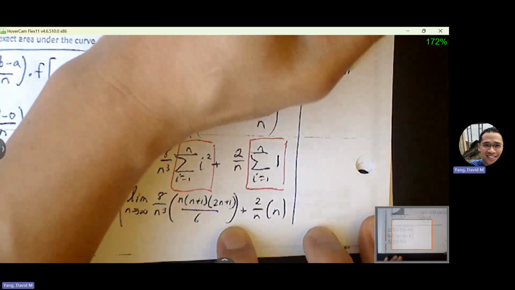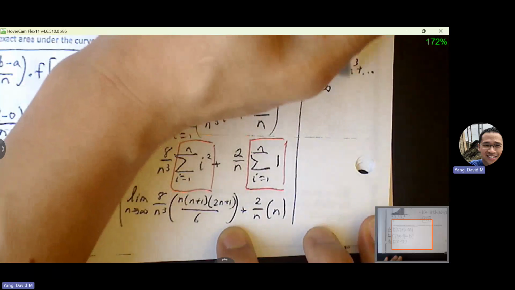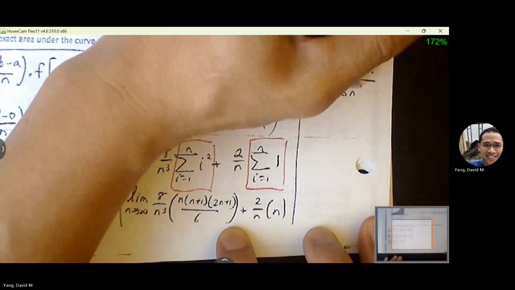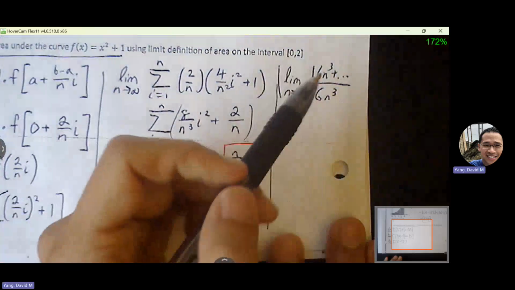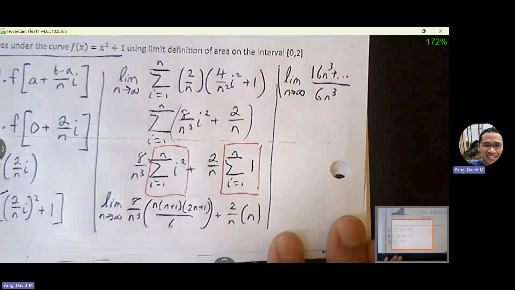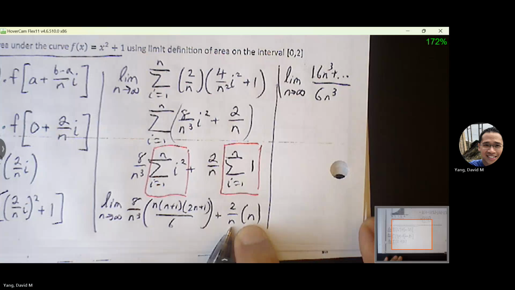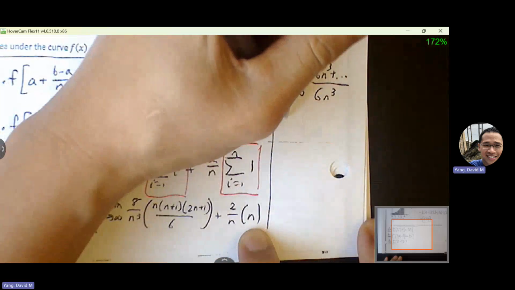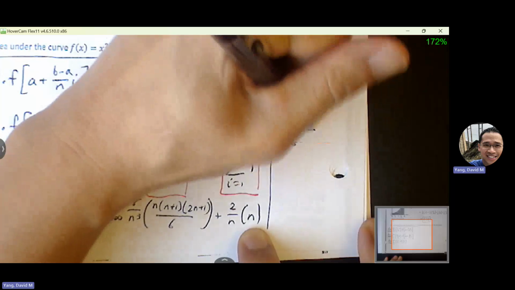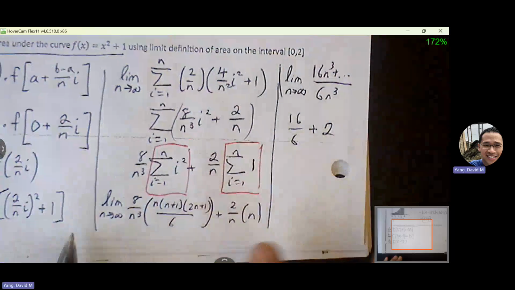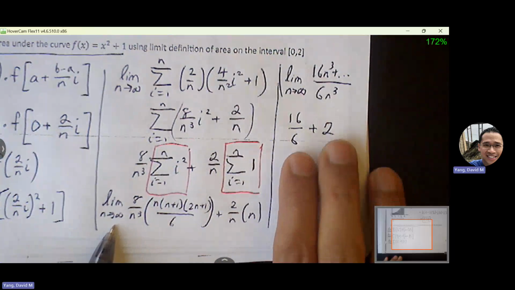That's all I care about because there are going to be lower degrees, but only the highest degree pair is going to have any impact. And this is just plus what? 2n over n, just 2, yeah. So I'm just left with 16 over 6 plus 2. That's the result of the limit as n approaches infinity.